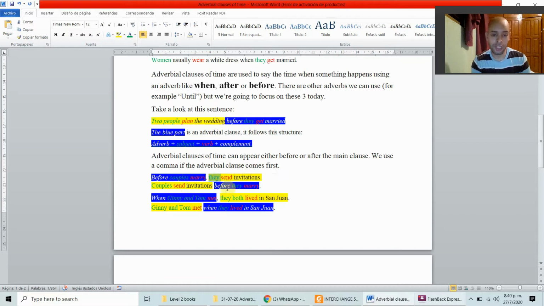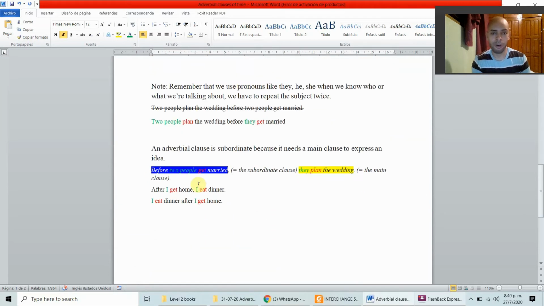Remember that we use they and the other pronouns, so we don't have to mention the same subject over and over again. For example, imagine if I say two people plan the wedding before two people get married. No, we don't have to repeat two people. Remember that we can use the pronoun instead. Two people plan the wedding before they get married.